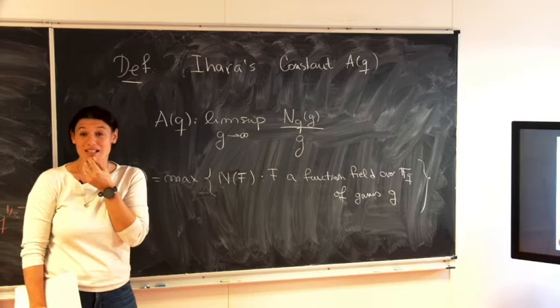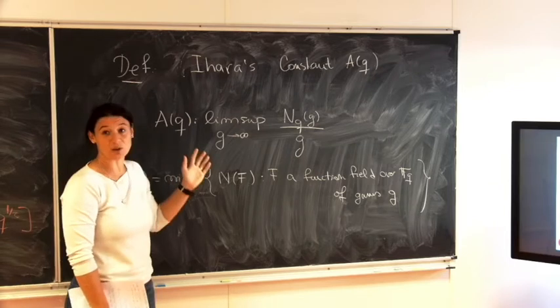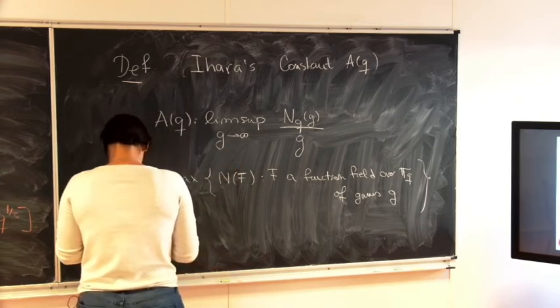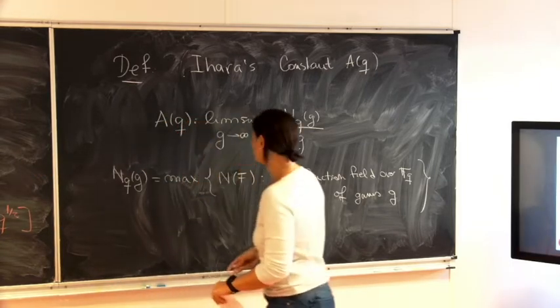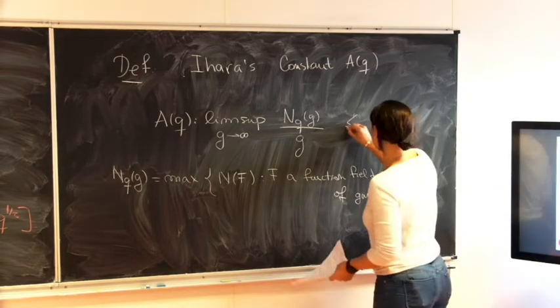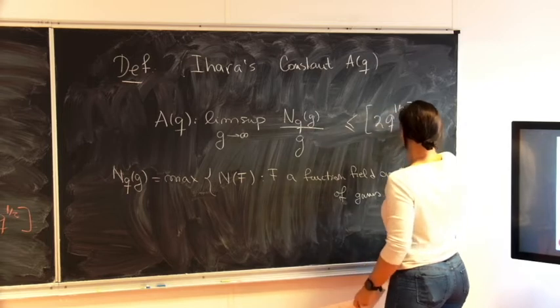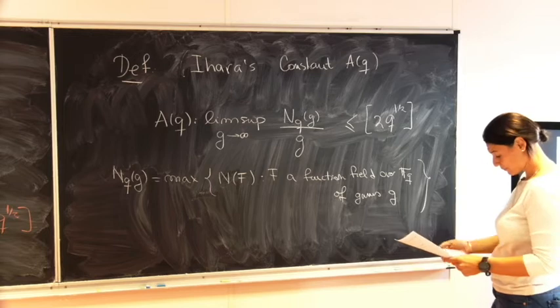So what can I say about this? Is this bounded? Is this zero? Is this something not zero? Well, of course, if we use the Hasse-Weil bound, what we see is that this thing is bounded by 2 times q to the 1/2.